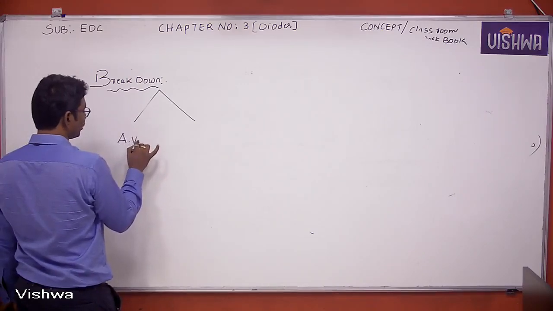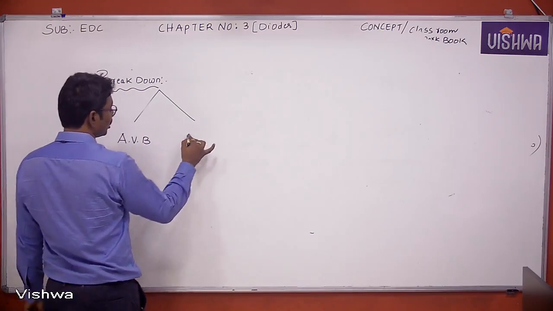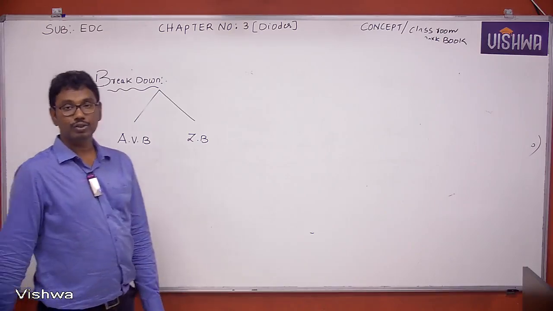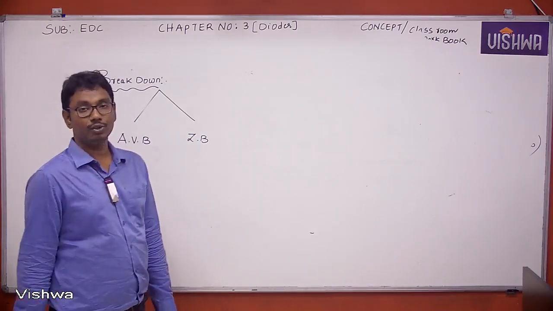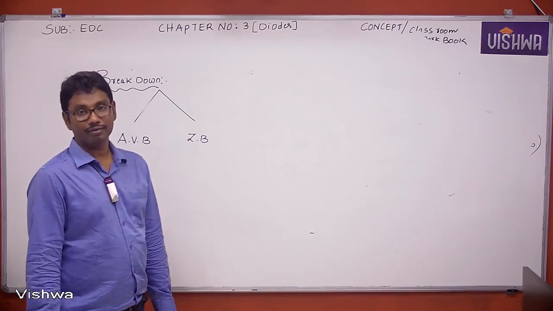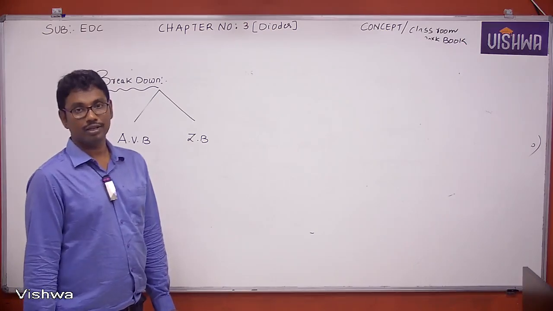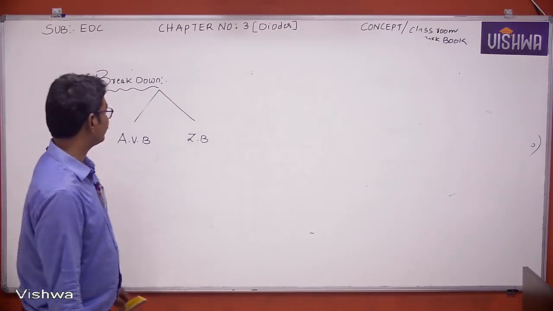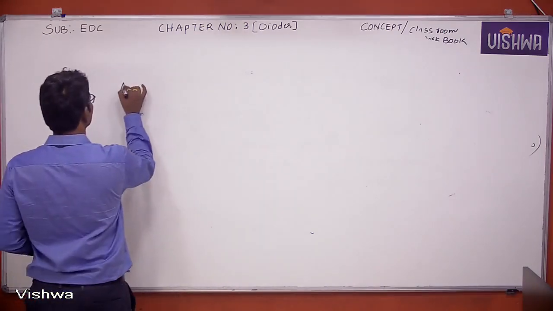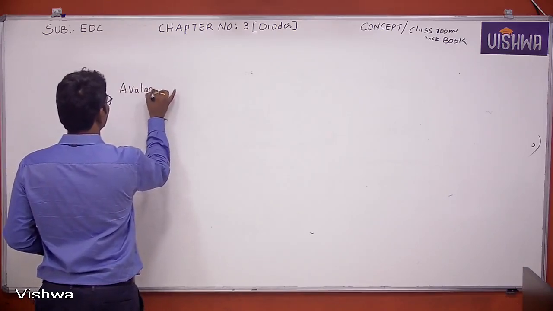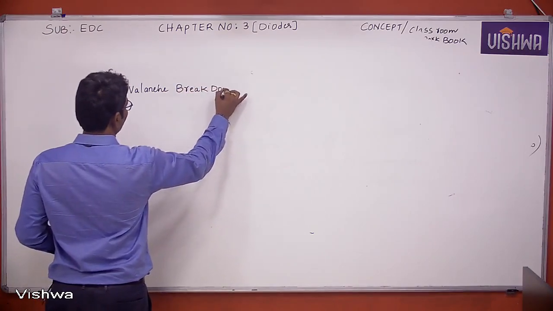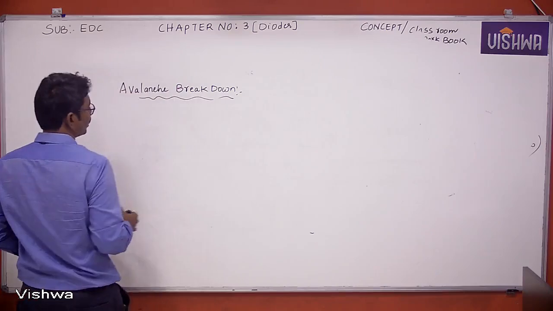One is avalanche breakdown, and the other is Zener breakdown. Next heading, avalanche breakdown.